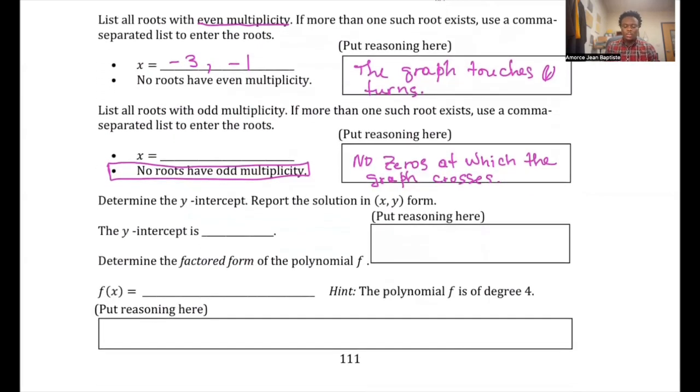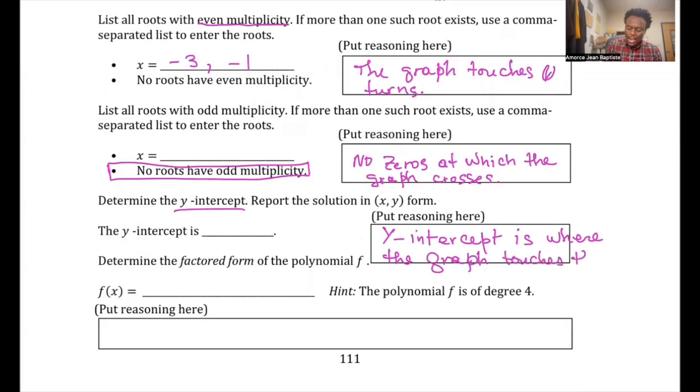Now they ask me to determine the y-intercept. And we need to report the y-intercept as an x and y coordinate. We need to remember that the y-intercept is where the graph touches the y-axis.